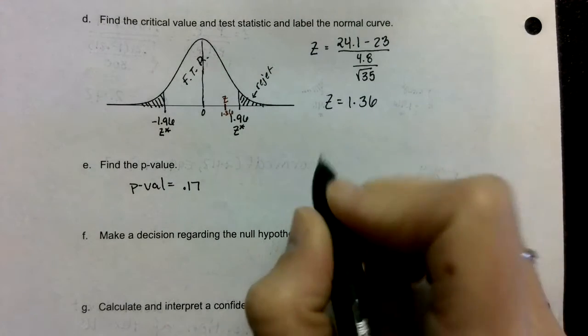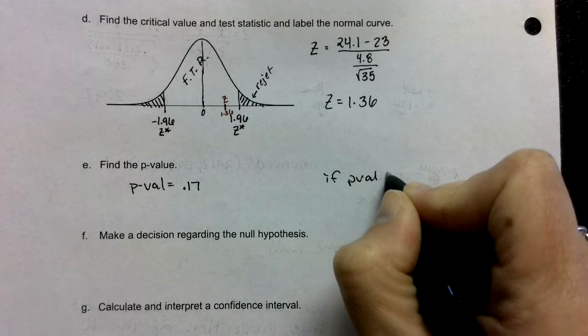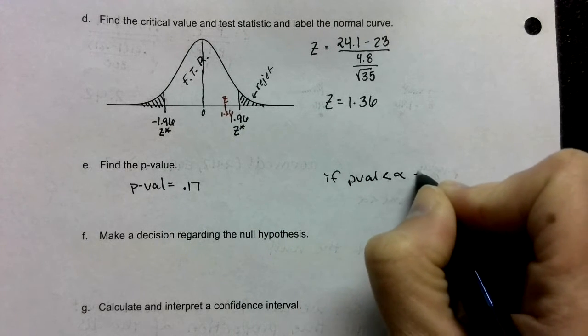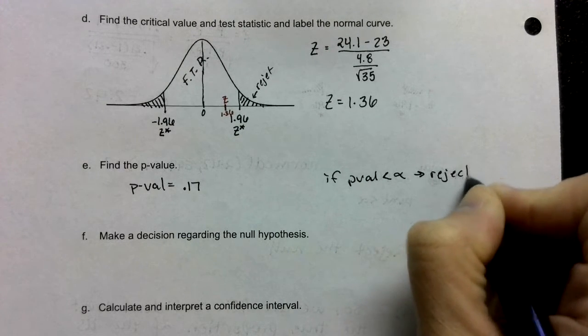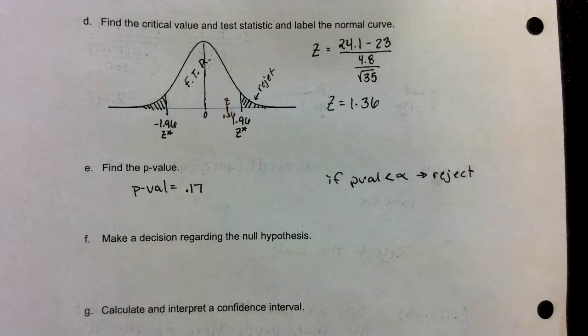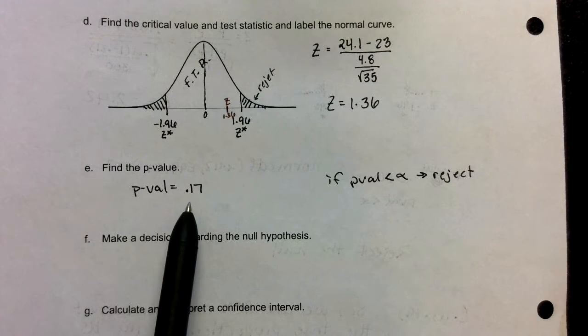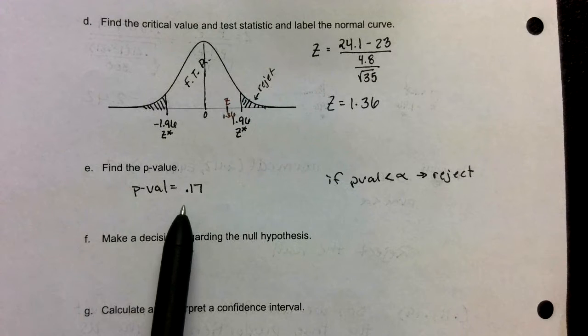And remember, the whole idea here is if your p-value is less than alpha, you get to reject. So we are comparing 0.17 to 0.05. Some people get confused on the decimals, so think about it in terms of percentages. Is 17% less than 5%?